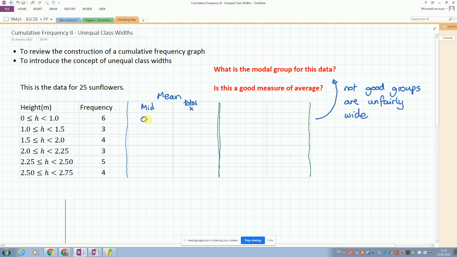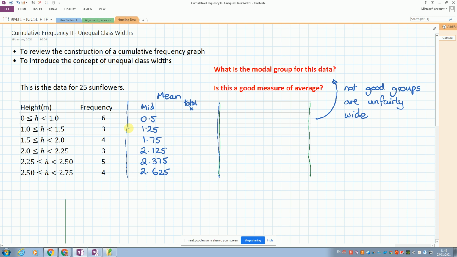So this is 0.5. Mid-value here is 1.25. Mid-value here, 1.75. So it's mid-value when we're calculating the mean. That one's going to be 2.125. This one's going to be 2.375 and 2.625.